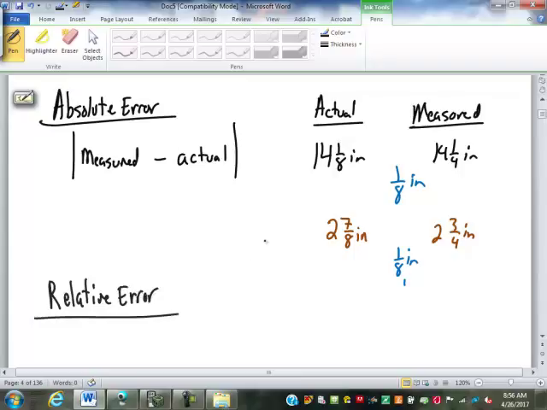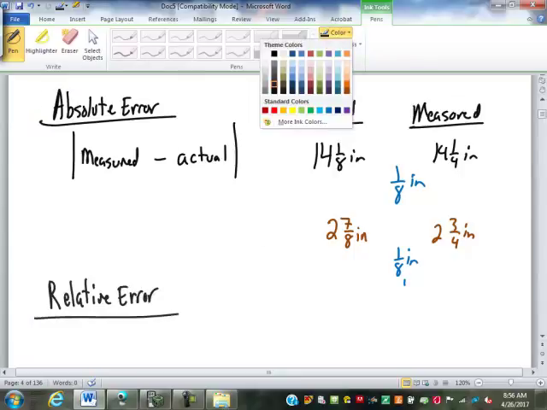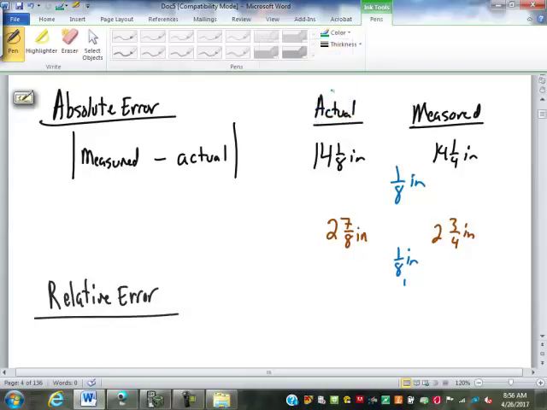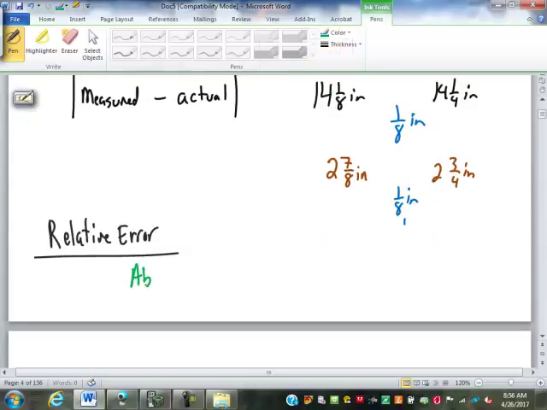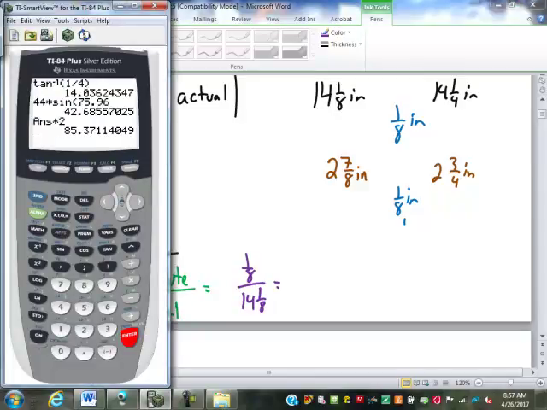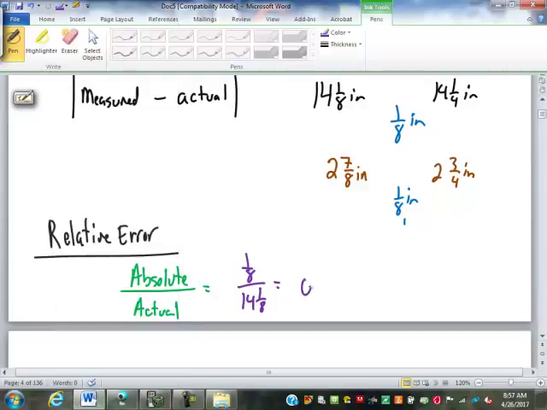Relative error is the absolute error divided by the actual. For this first one, it's 1/8 over 14 1/8, which is .0088.